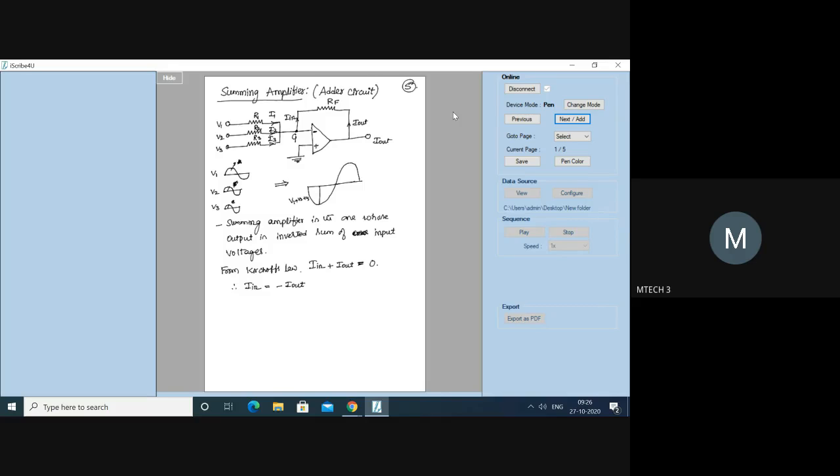Now what is I in? At this point, all these I1, I2, and I3 are merged here to get what is called I in. Therefore, I in will be equal to I1 plus I2 plus I3. That will be equal to minus I out. Correct?